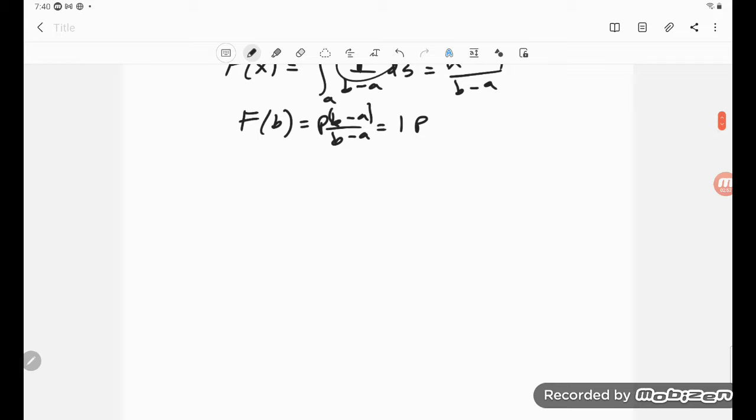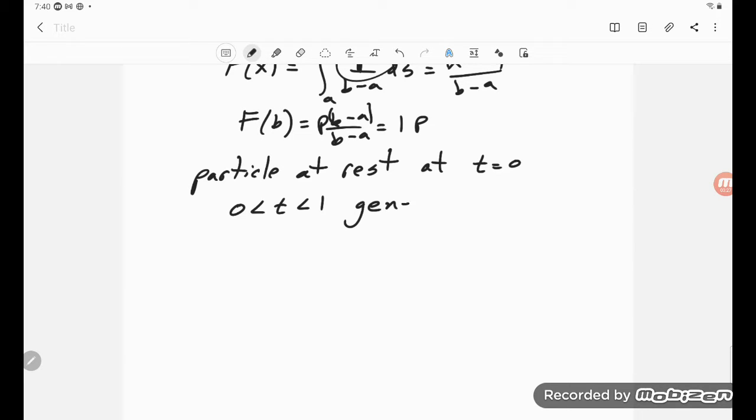Given that, we're told we have a particle at rest at t equals 0, and we're going to do a uniform distribution of t, so 0 less than t less than 1, and we'll generate some t0.